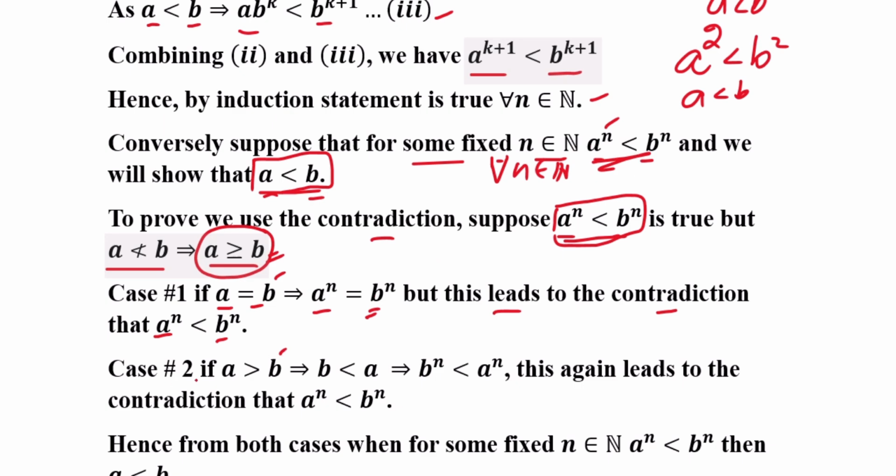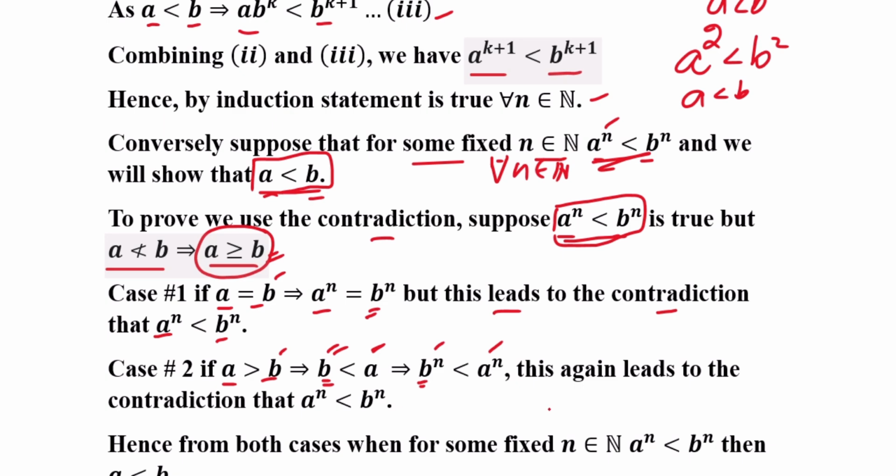Case number 2: if A is greater than B, this means B is less than A. So using the first part of this question, which says a smaller number has a smaller exponent, when you take n on both sides, this becomes B raised to power n is less than A raised to power n.